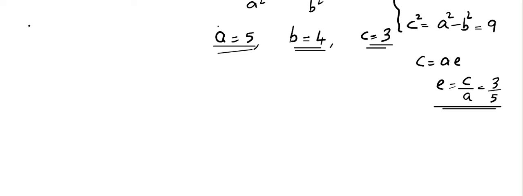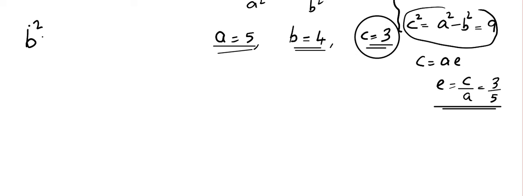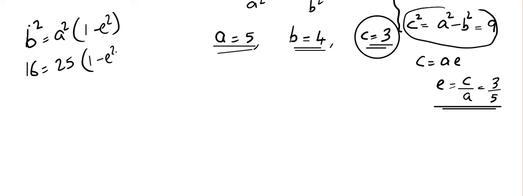Okay, so we have collected all these things. And by the way, those people who do not like this method, don't worry, you can use the relation B square equal to A square into 1 minus E square, and plug in all those values. What is B square? 16. A square is 25. And 1 minus E square, you can calculate, 1 minus E square equal to 16 by 25.